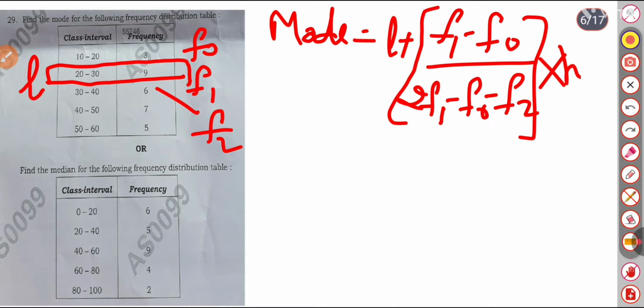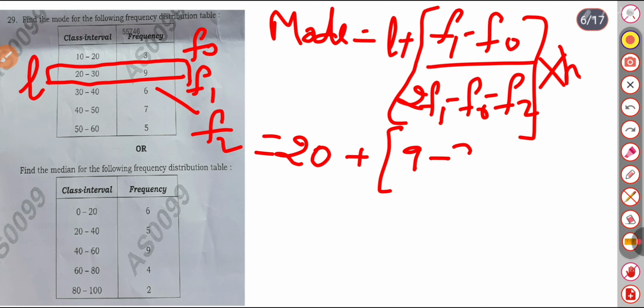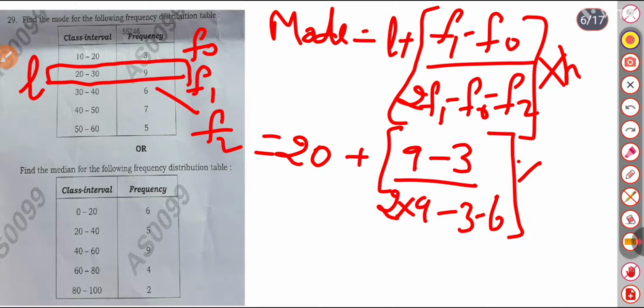So mode is equals to L, which is 20, plus F1 is 9 minus F0 is 3, by 2 into 9 minus 3 minus F2 is 6, into H is 10, the size of the class interval.